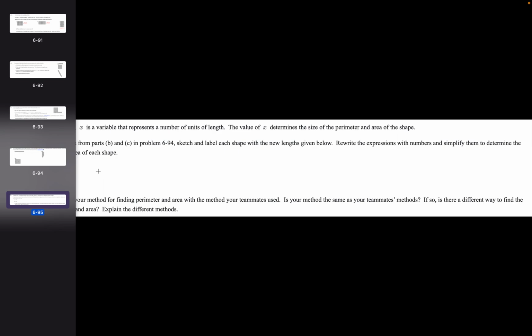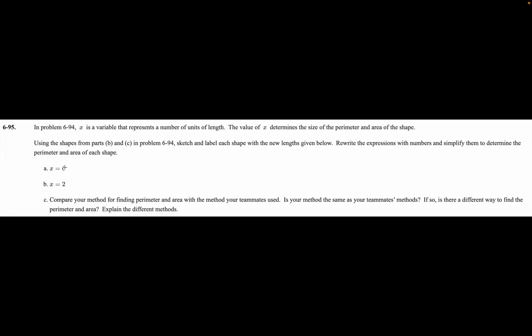So for here, to find the perimeter, instead of 4x plus 4, it would be 4 times 6 plus 4. And then for the area, it would be x squared, so 6 squared plus x plus 1.